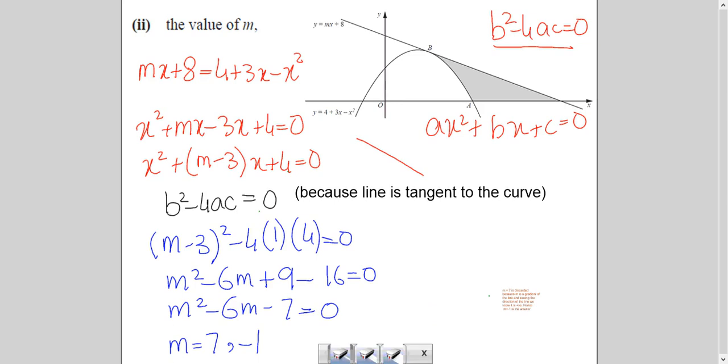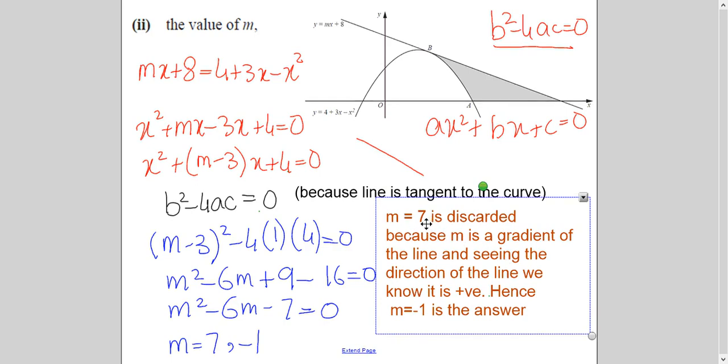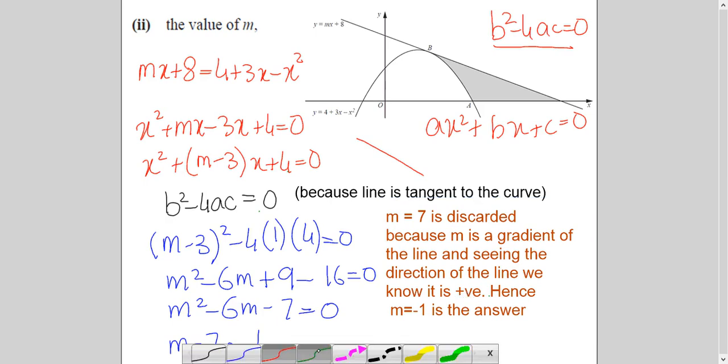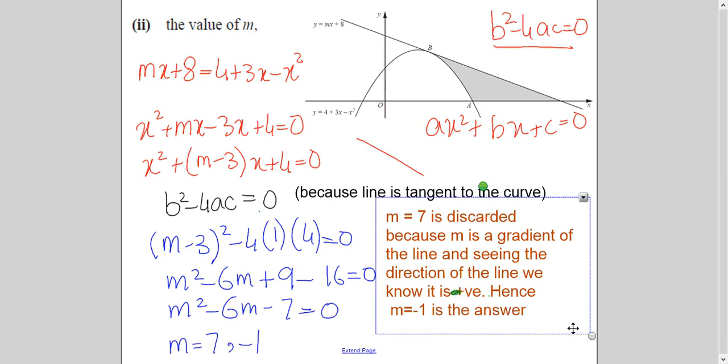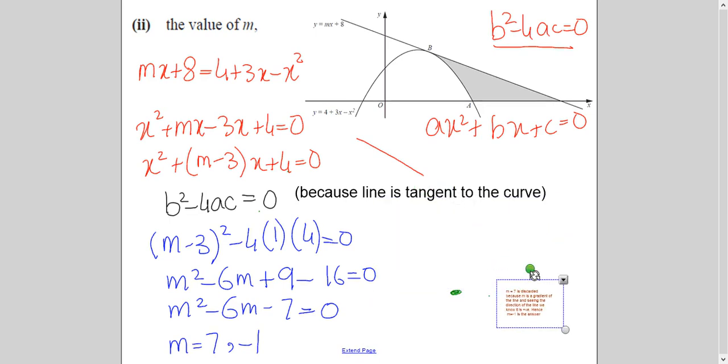M equals 7 is discarded because M is the gradient of the line, and seeing the direction of the line, we know it is negative. Sorry, I wrote positive here by mistake. It is negative. Hence, M equals -1 is the answer. So like this, you will find the value of M.